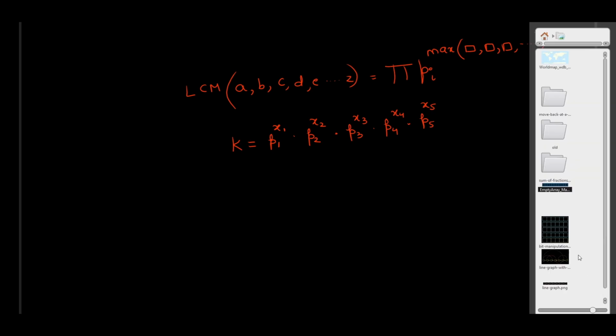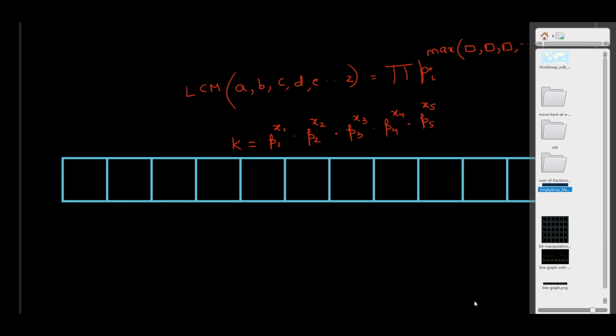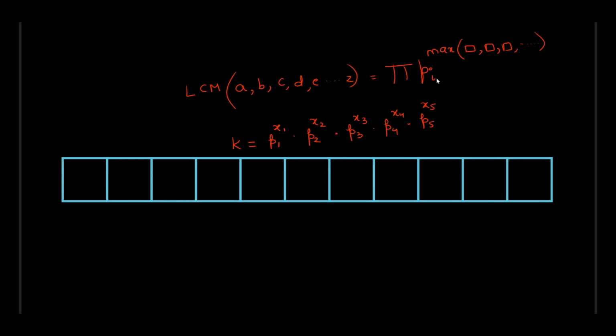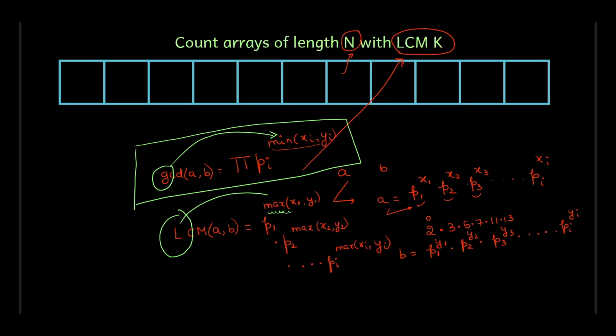Then you know that this result must have definitely come from this particular formula. So if you had, let's say, element a1 over here, a2, a3, a4, and so on, then I told you that each number can contain all the prime factors that exist even though their exponent can be 0.